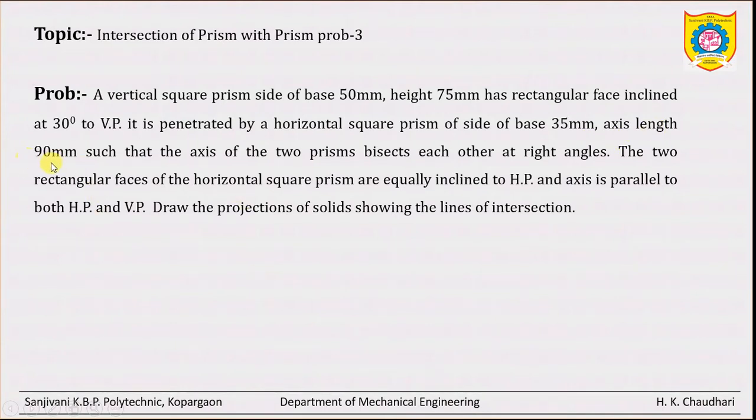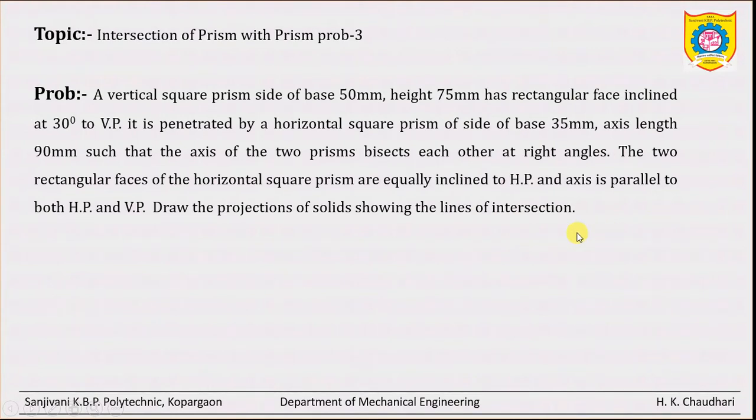Axis length is 90 mm, such that the axes of the two prisms bisect each other at right angles. The two rectangular faces of the horizontal square prism are equally inclined to HP and the axis is parallel to both HP and VP. Draw the projections of the solids showing the lines of intersection.